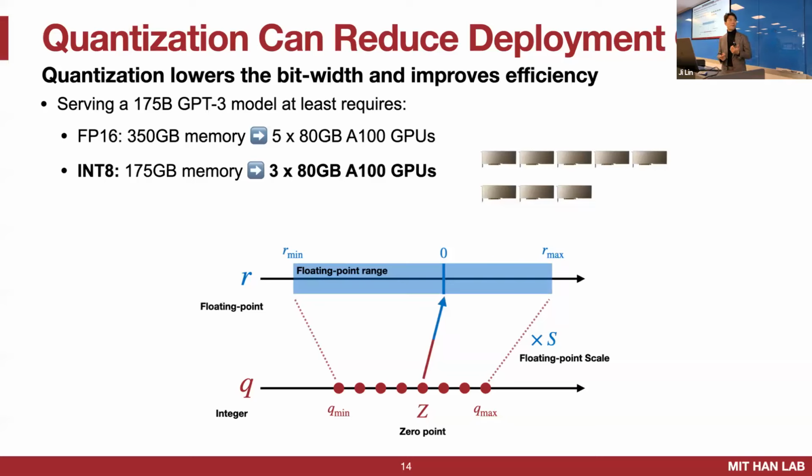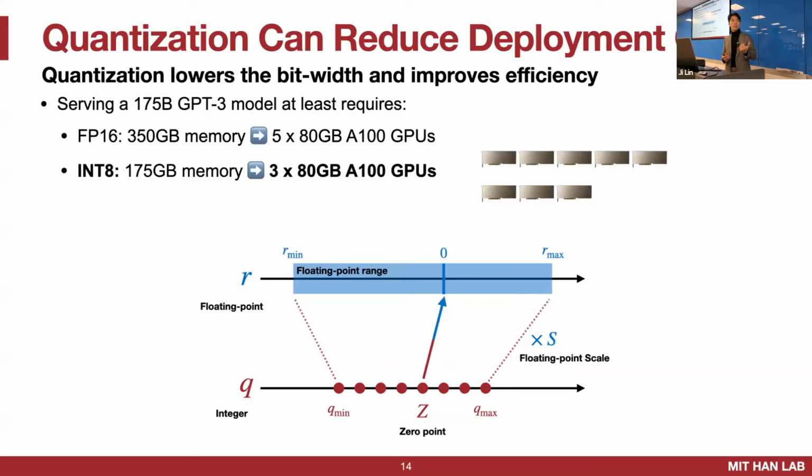Here is an example of the GPT-3 175 billion parameter model. It's a relatively old model, maybe 3 or 4 years ago, but it's still quite hard to fit in a single GPU device. If you try to deploy the model with FP16, which is basically the default choice people use for running large language models, each parameter requires 2 bytes.